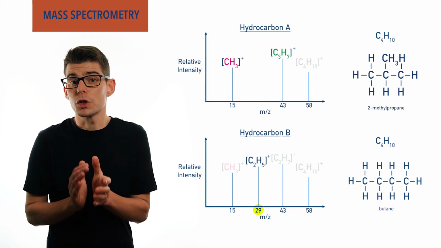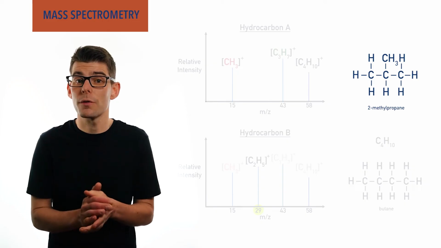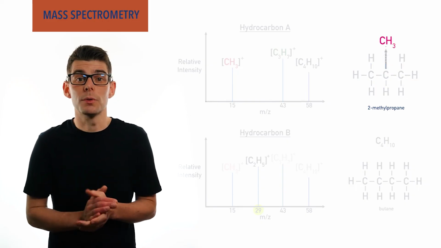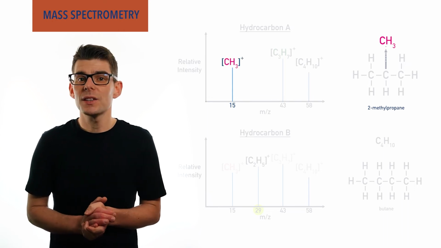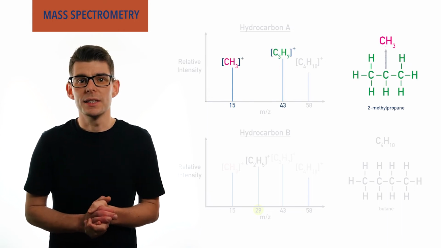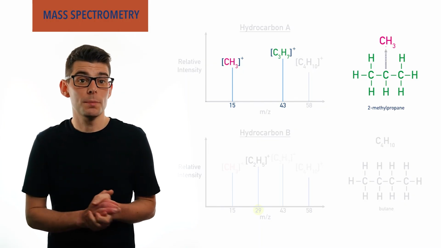This is because for 2-methylpropane, a CH3 fragment could be broken off from a molecular ion, giving possible fragment ions with relative masses of 15, CH3, and 43, C3H7. There is no easy way of forming a C2H5 group, however.